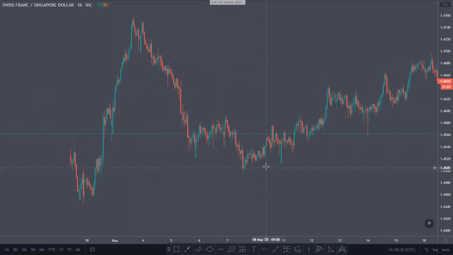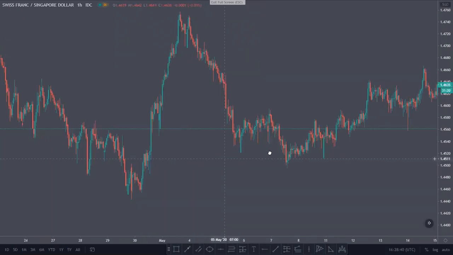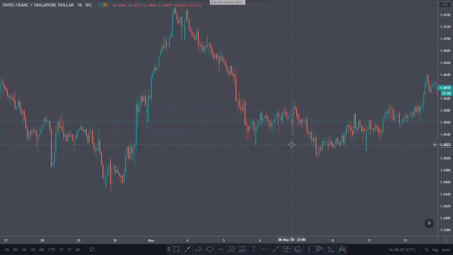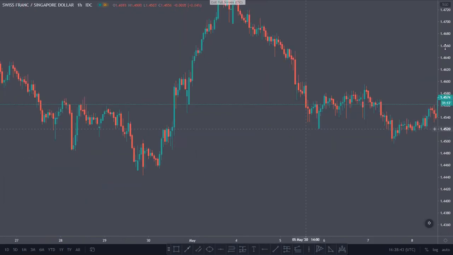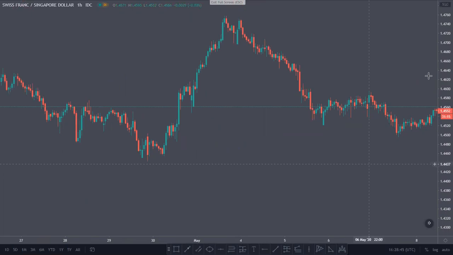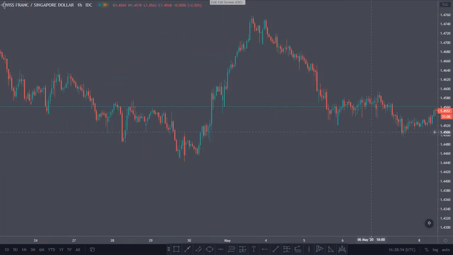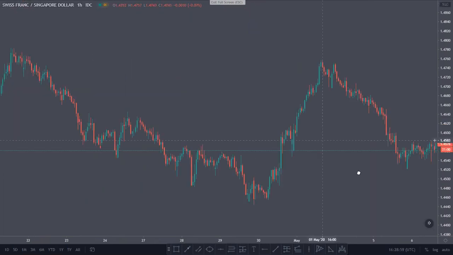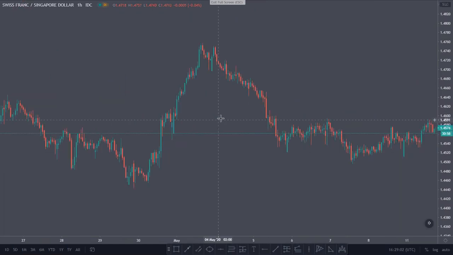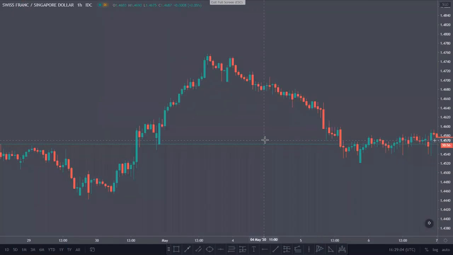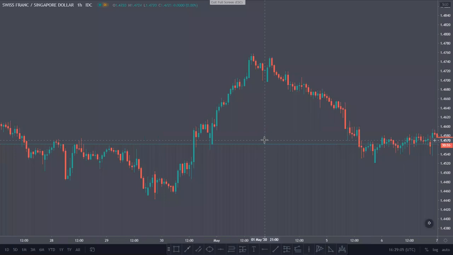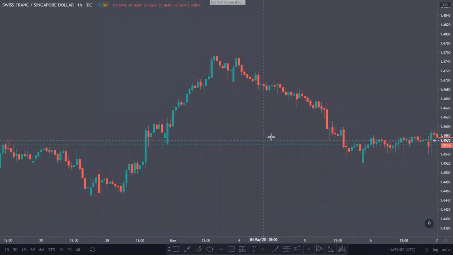If you can't see it, you don't force it. Okay, I think I've seen something like a double top somewhere on the 1 hour. I don't know whether you guys can see it. It's very small, but it holds.